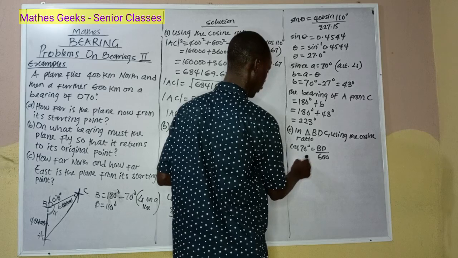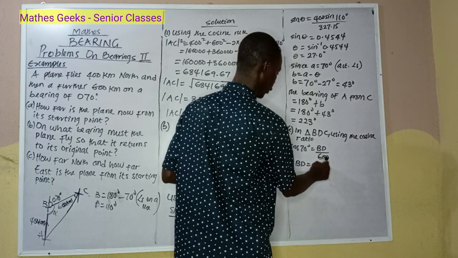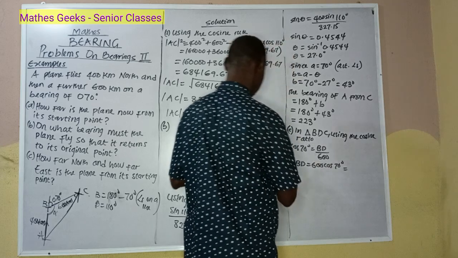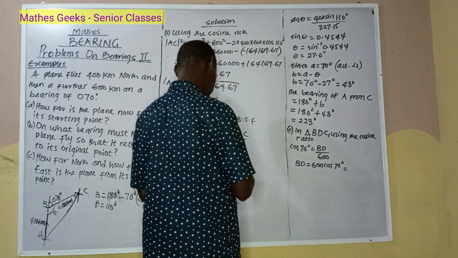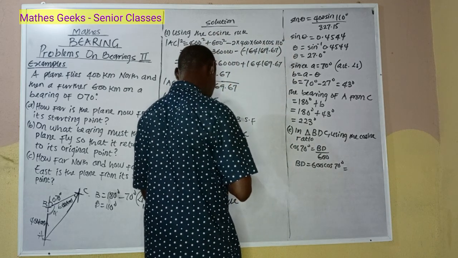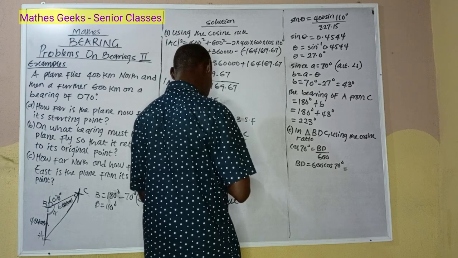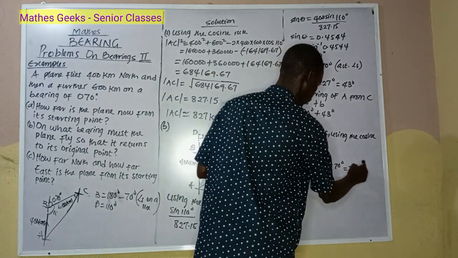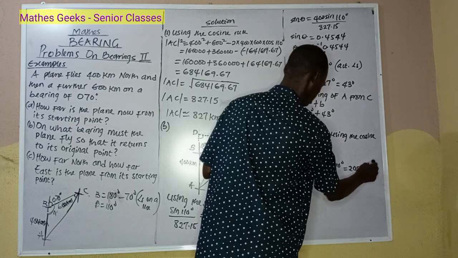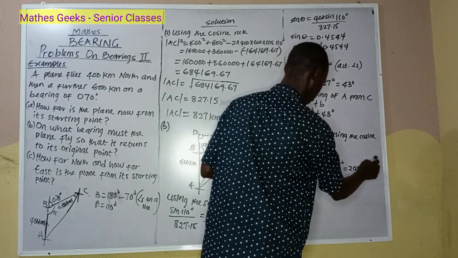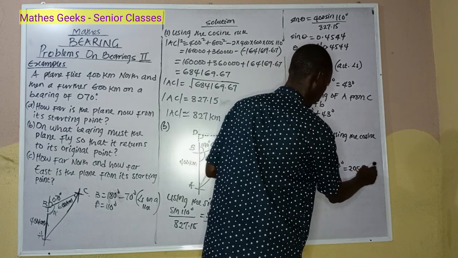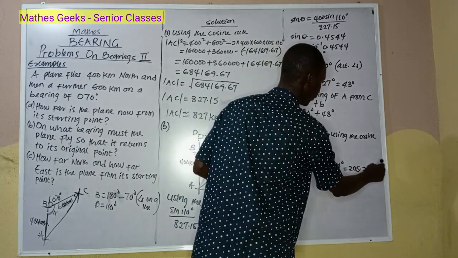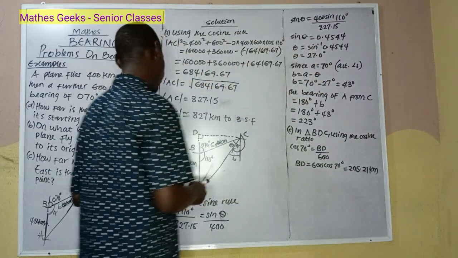So BD is equal to 600 cos 70 degrees, which gives us 205.21 kilometers. But that's not the final answer.